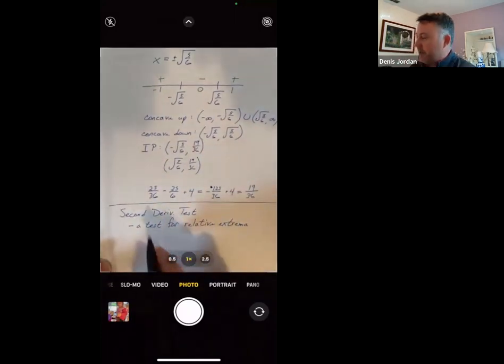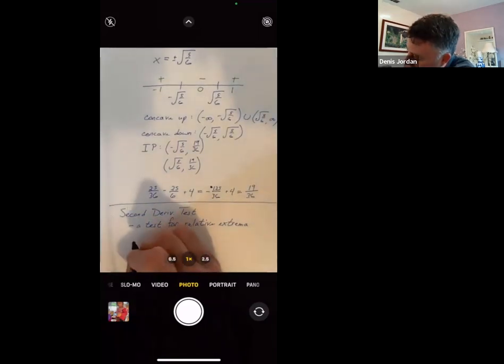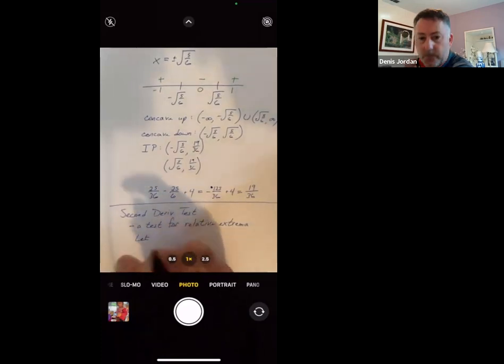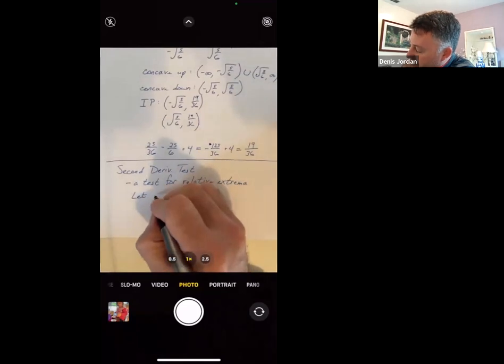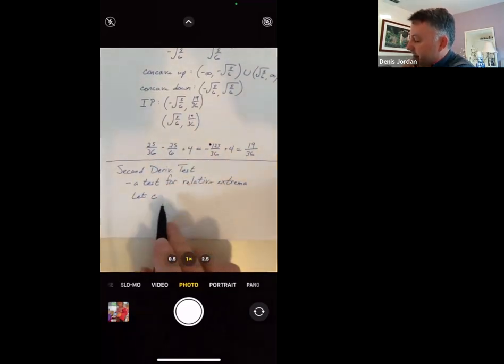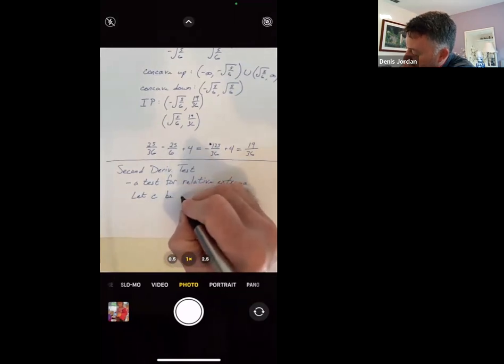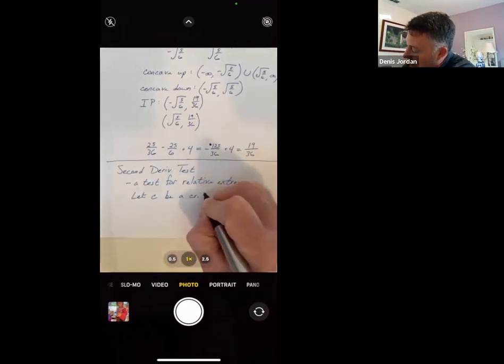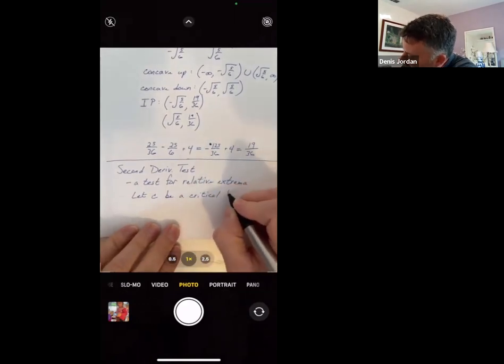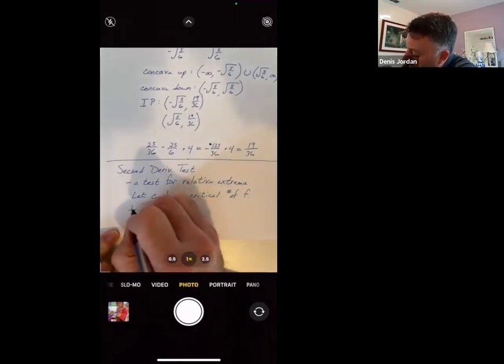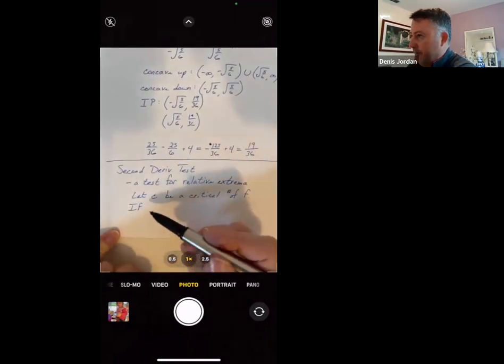Okay. So how did the second derivative test go? Let c be a critical number of f. So there were three cases I could come out with.